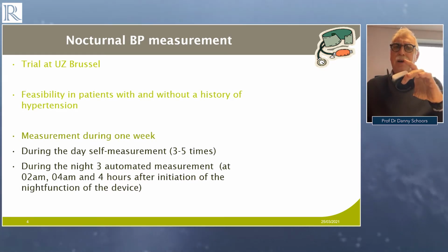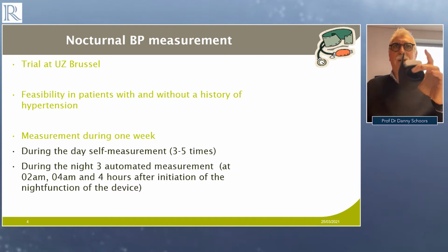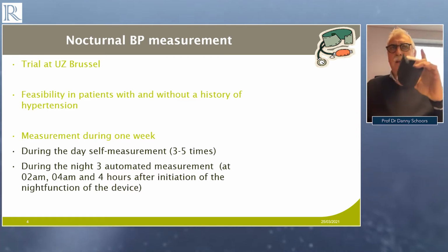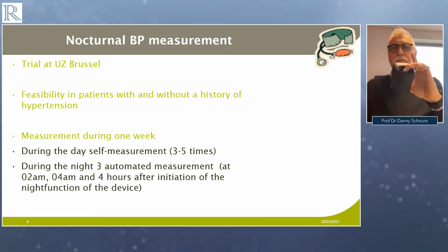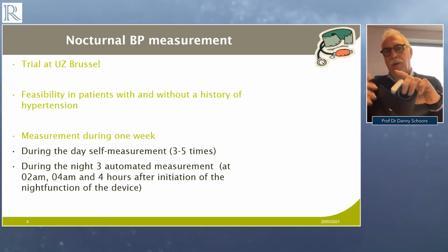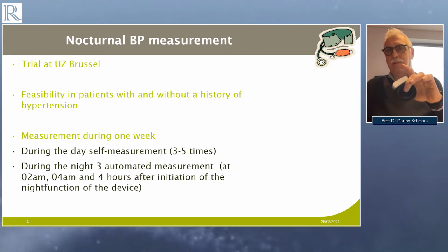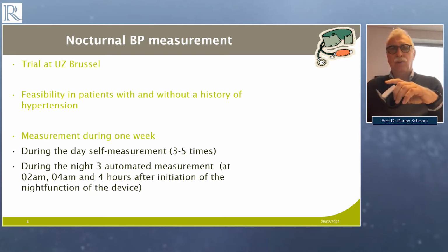I gave them the device for 1 week and asked them to put it on every evening, to measure blood pressure 3 times during the night, like I told you, at 2 a.m., 4 a.m., and 4 hours after they went to sleep. They could also measure blood pressure during the day, but they have to do it themselves. I asked them to do it between 3 to 5 times during the day.